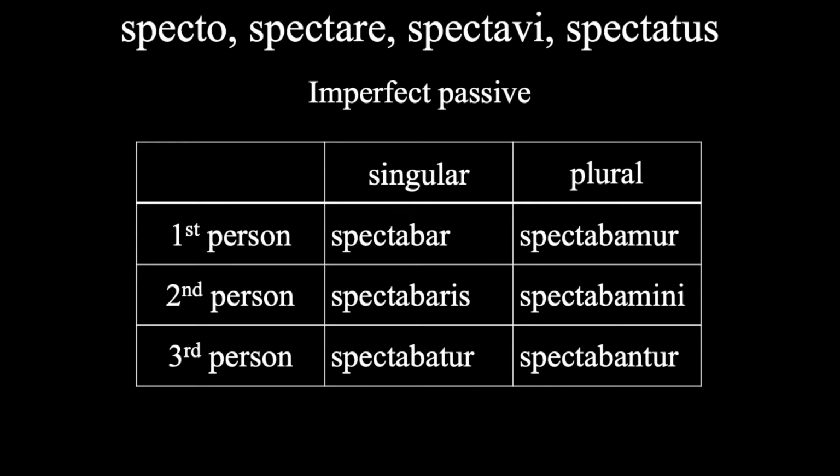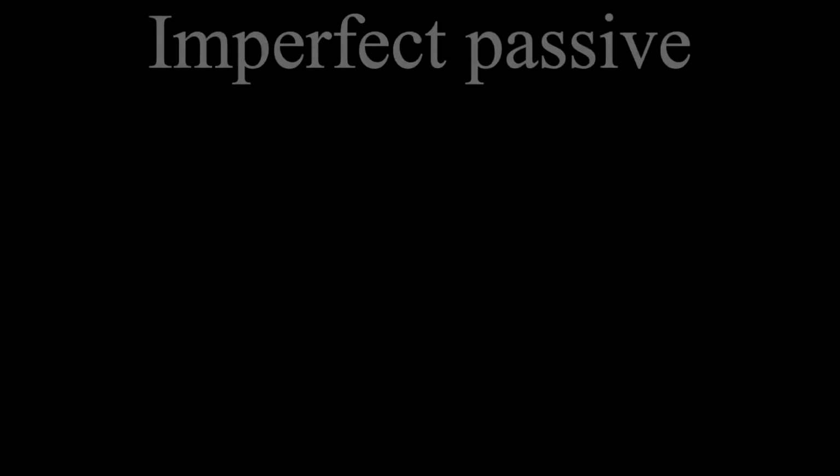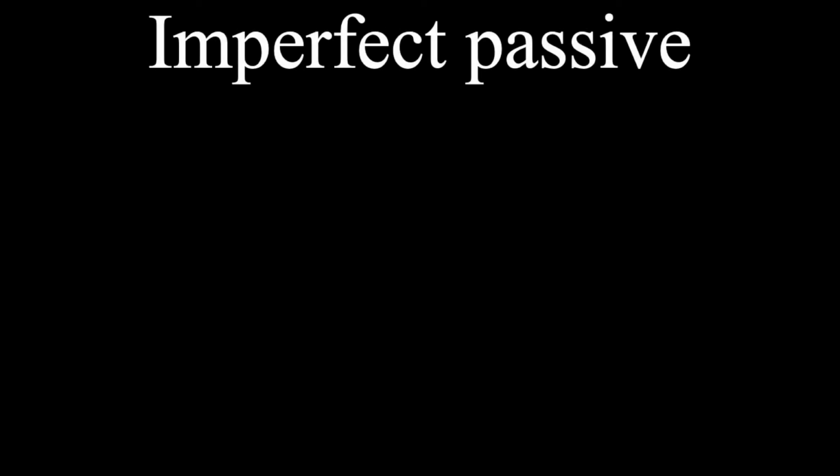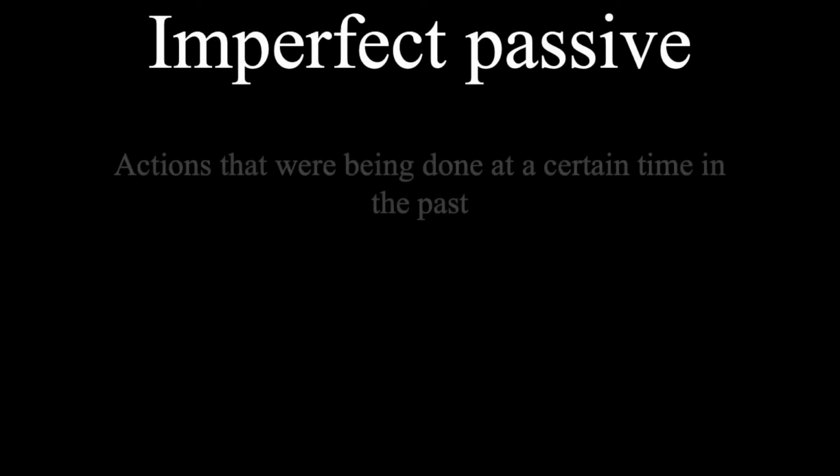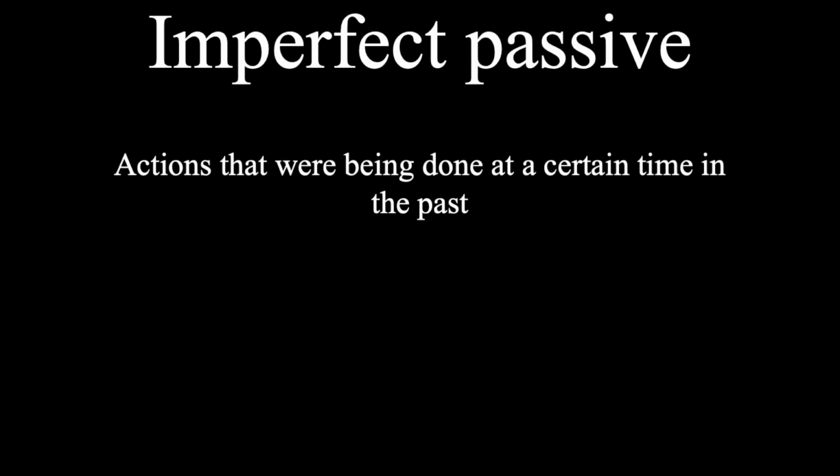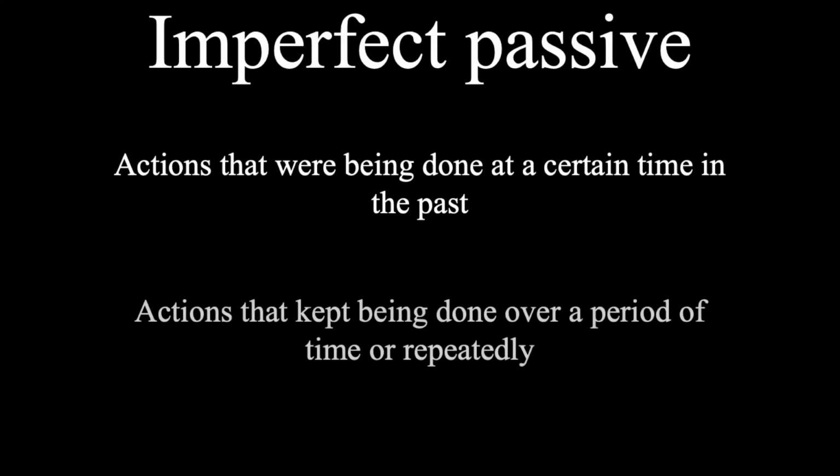Okay, for translating it, as was the case for the active form, the imperfect passive is going to be used to indicate something that was happening at a certain time in the past, or something that was repeatedly happening over a period of time.